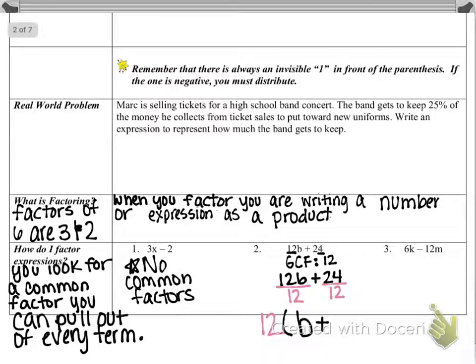Plus, you keep the same operation sign. 24 divided by 12 is 2. So that is your final answer. 12 times b plus 2. If you were to distribute, 12 times b is 12b plus 12 times 2 is 24. So that gets you back to your original problem.